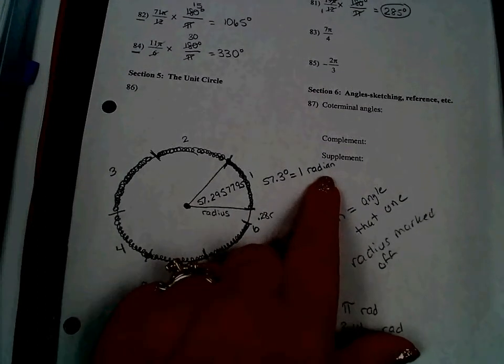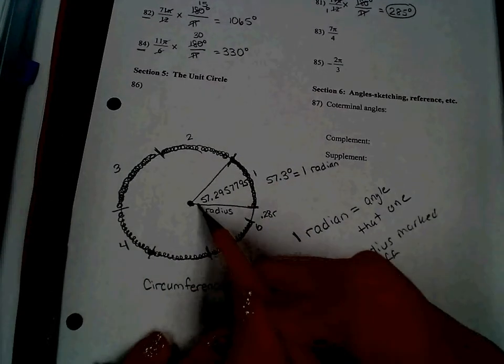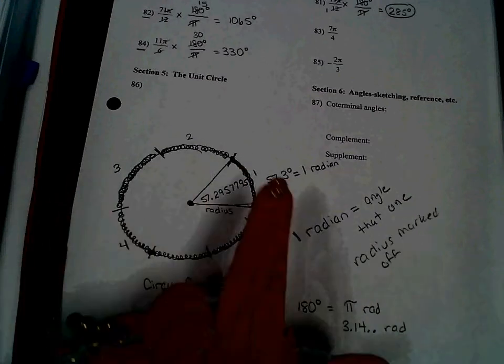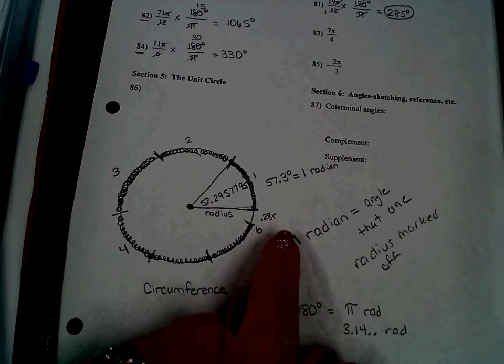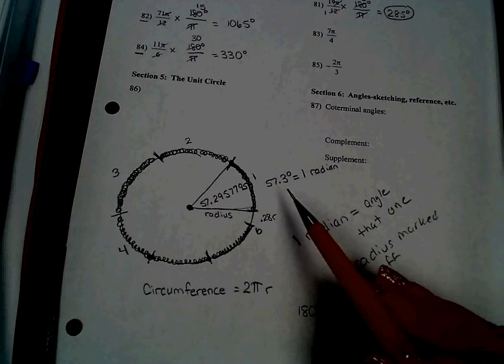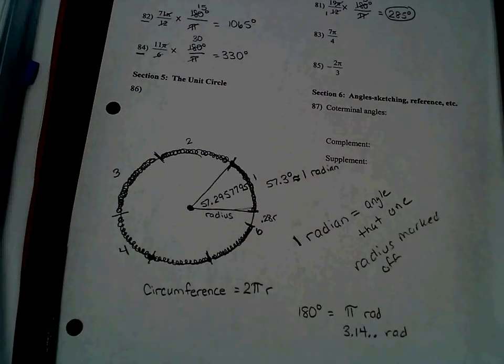So 1 radian is a heck of a lot bigger than 1 degree. 1 degree is this tiny little sliver down here. There's 360 of those, but there's only 6.28 approximately radians in a circle. So 57.3 degrees approximately is 1 radian.